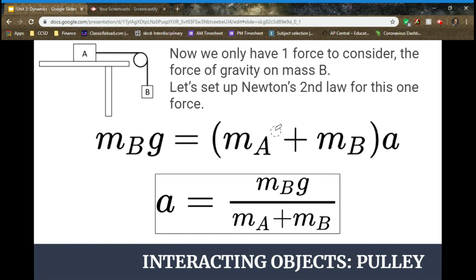So instead of just one mass, it's going to be the combined mass. So this right here is your M. F equals MA. Then you can divide both sides by the total mass, and you get the same answer that we arrived at, but this was much faster. Okay? Go through it again if it didn't make sense.